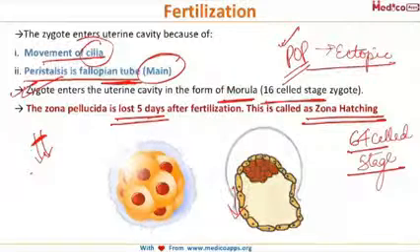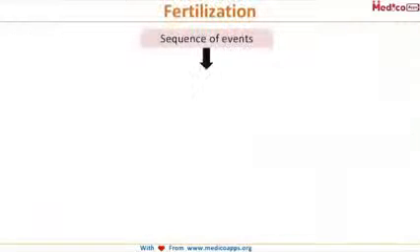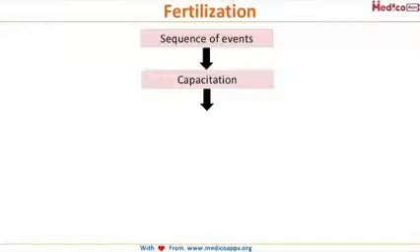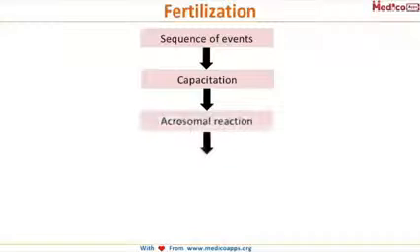Now if we sum up the sequence of events that are occurring in fertilization. So first, capacitation occurs. The sperms now become capable of fertilizing the ova. They go and attach to the zona pellucida, and it causes the release of enzymes from the acrosome of the sperm, which is called acrosomal reaction.